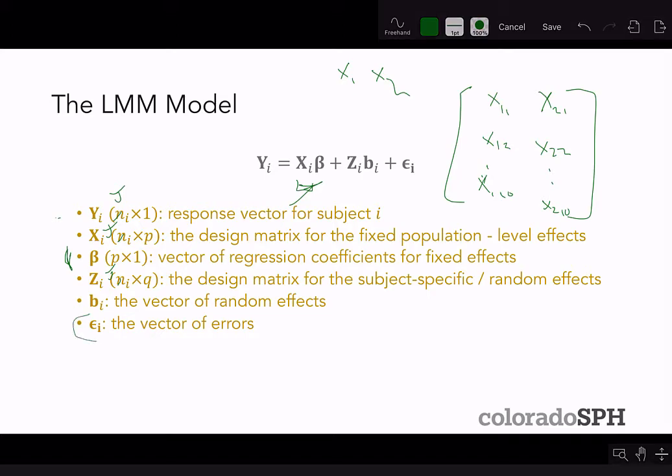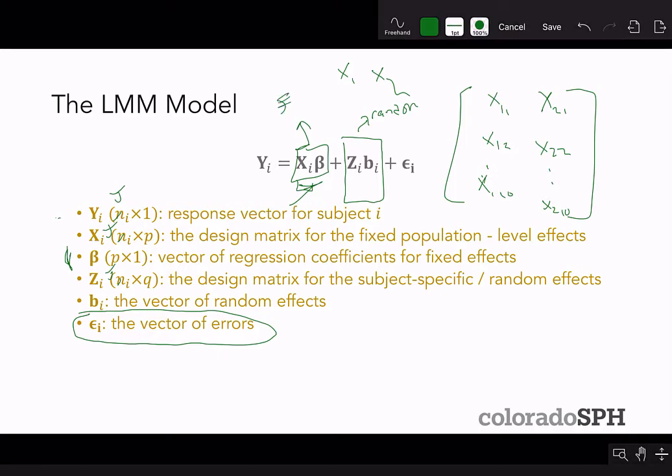And your epsilon i are still your vector of errors for this model. So a lot of these components are similar to things that we've seen before. What's new is this Zi-bi term, and that's what is known as the random effects portion of this model. And this is why it's called a mixed effects model.